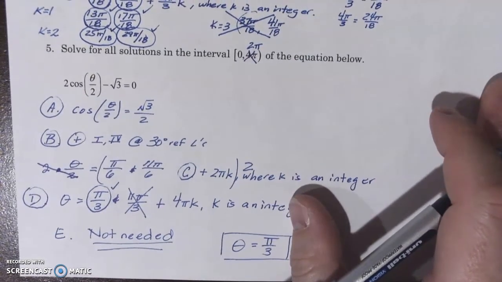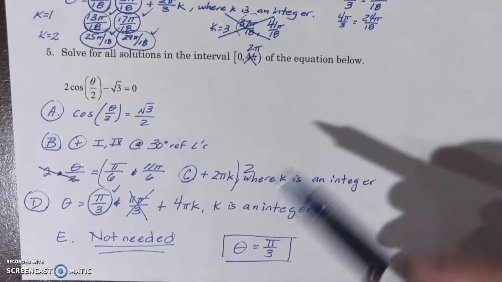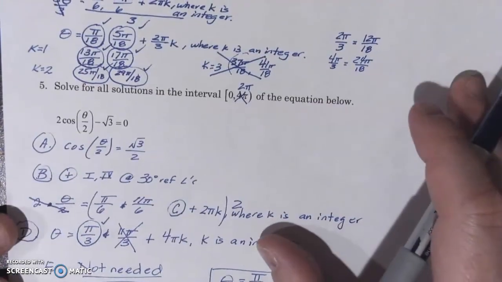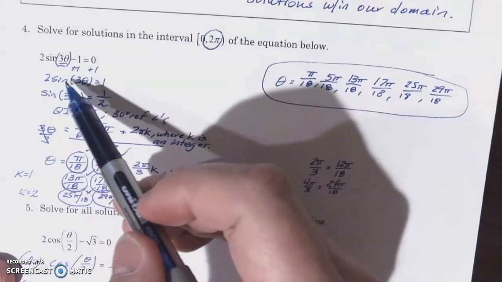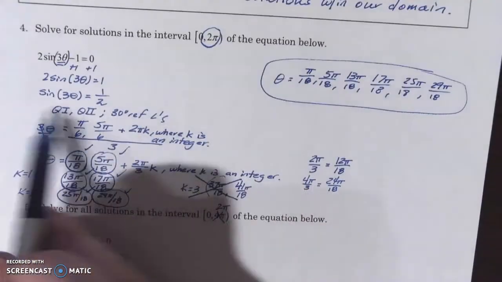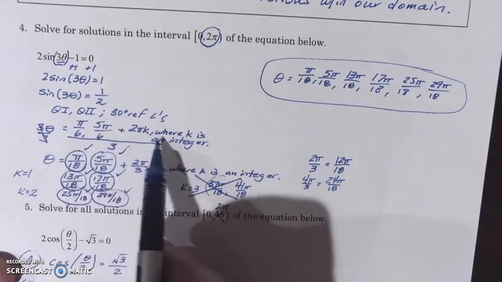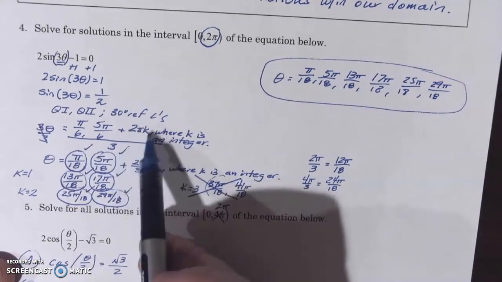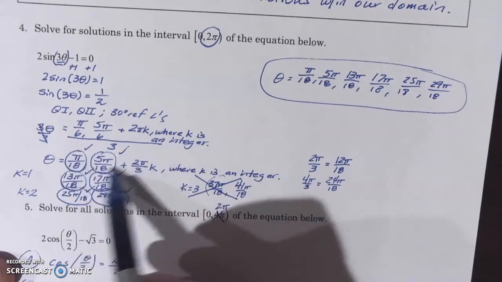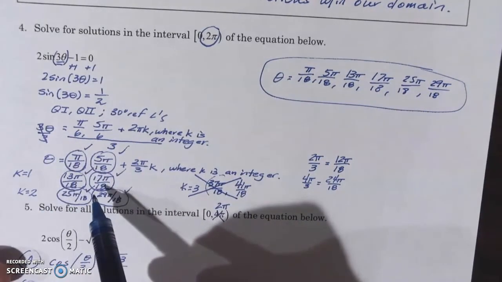Okay? These are traditionally the problems that our students struggle with the most. However, I think you guys will be okay. Stick with our plan. Okay? Get the trig function by itself. Use inverse to find our solutions. Think about all the possible solutions by adding that plus 2 pi k. Solve for theta, and then start testing your k values if needed.